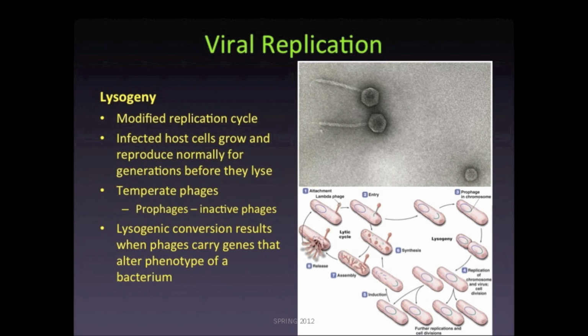Exposure of the host cell to UV light or certain chemicals can cause the virus to be removed from the bacterial chromosome, at which time the virus enters into the lytic cycle. This process is known as induction. Following induction, the viral nucleic acid will direct the degradation of the bacterial chromosome. The steps seen in the lytic cycle are followed to synthesize, assemble, and release new virions.